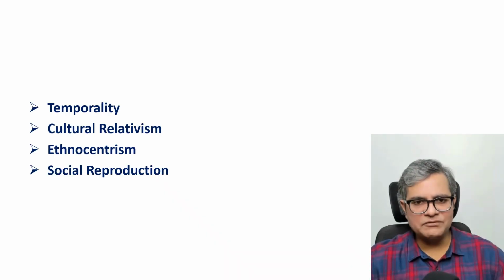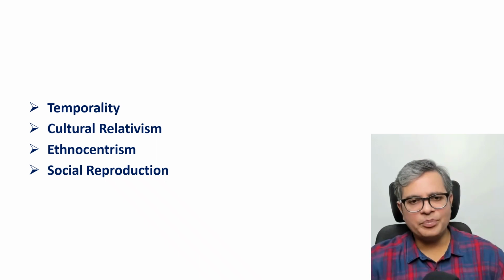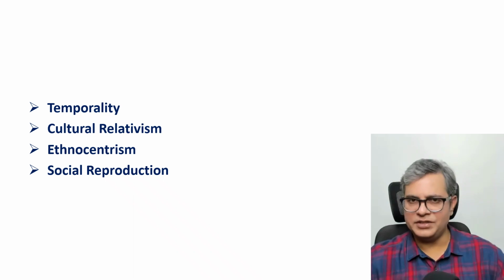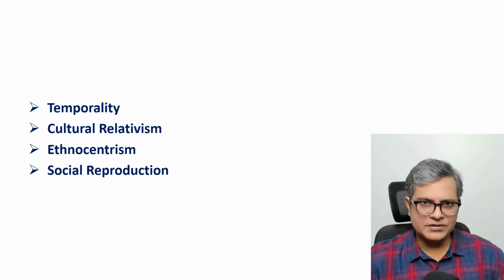I have discussed these words for you: temporality, cultural relativism, ethnocentrism, and social reproduction. These terms are going to be of use when we are discussing globalization. And when you are writing your answer with respect to sociology and globalization, you should also be using these terms in your answer sheet.